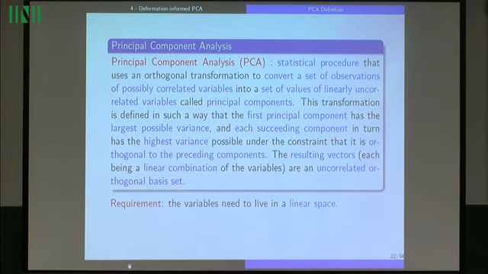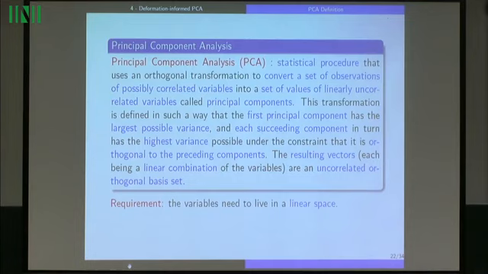So now let me focus on the second objective of this work, and first I would like to define the principal component analysis, even though I'm pretty sure almost everyone here knows what it is. So it's a statistical procedure that uses an orthogonal transformation to convert a set of observations of possibly correlated variables into a set of values of linearly uncorrelated variables called principal components.